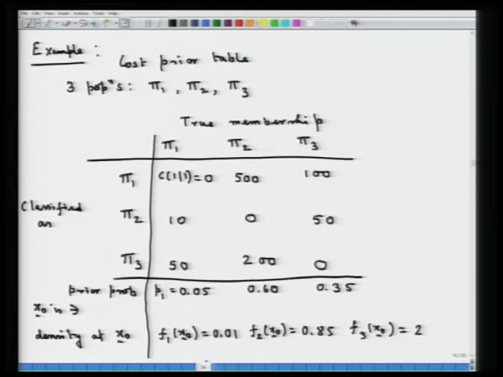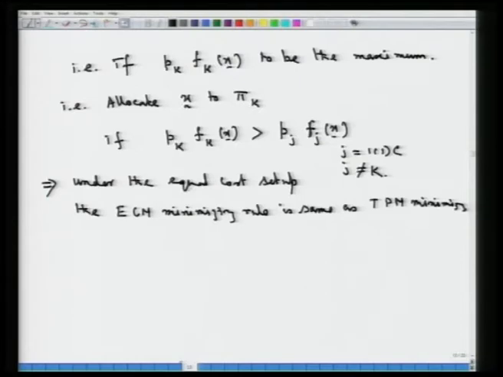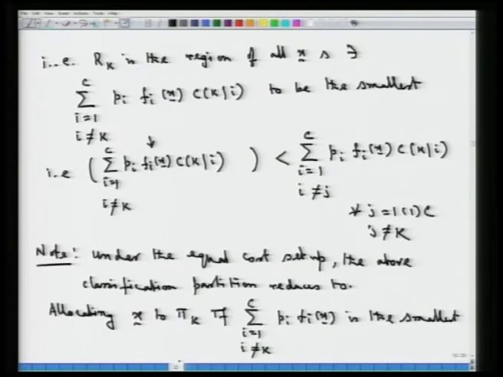Because if in this particular setup we assume for simplicity that all these quantities are equal except those on the diagonal, then the special cost structure does not make any difference, and we have the special case from the note: under the equal cost setup, the ECM minimizing rule leads to the total probability of misclassification minimizing rule.